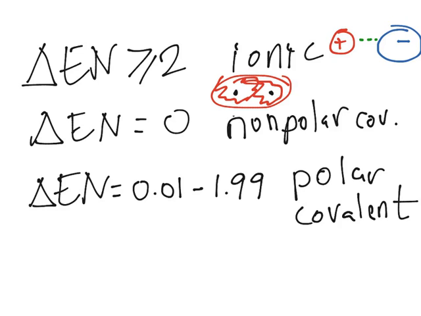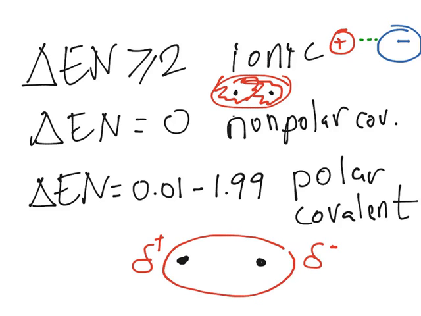Finally, we have our polar covalent bonds. There's one atom here and one atom here, and one will pull more electrons than the other. So it will be considered delta negative, and therefore the other one is delta positive. This side will have pretty much all the electrons. This will make more sense when you start drawing Lewis structures.